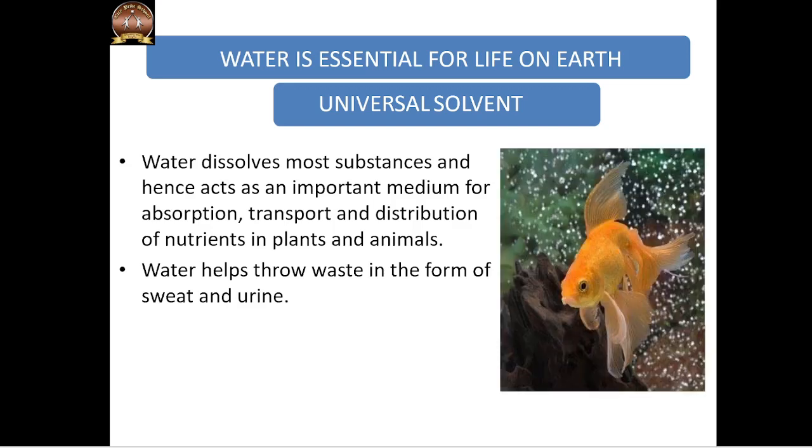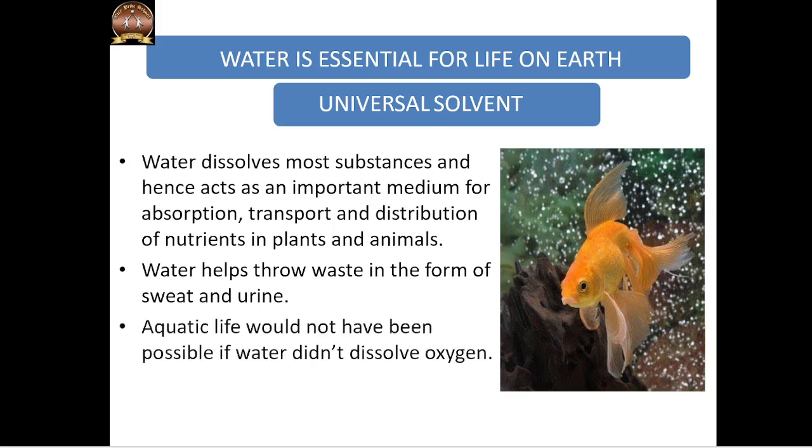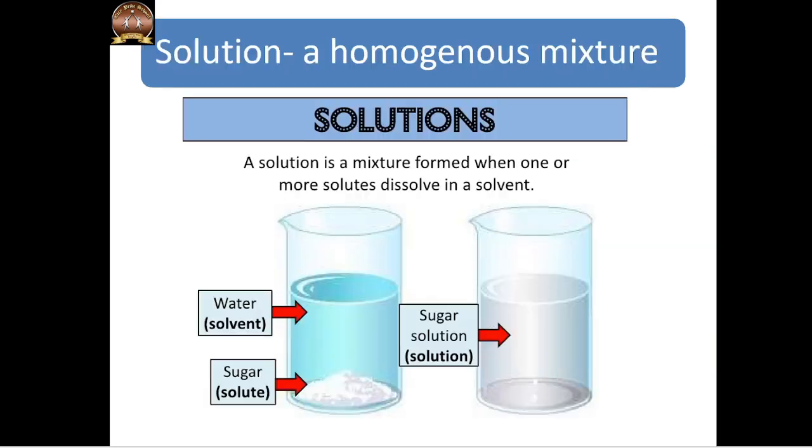And yes, aquatic life would have been impossible if oxygen did not dissolve in water. We know that gases also dissolve in water, and there is dissolved oxygen present in water, which makes it possible for plants as well as animals to live in water. So, water is essential for life on Earth.